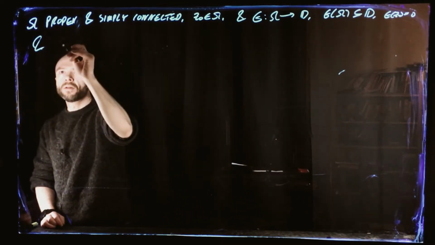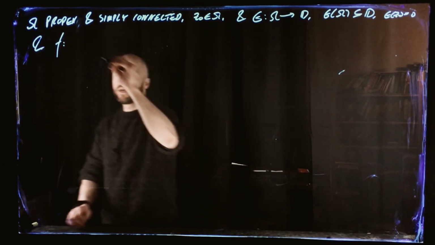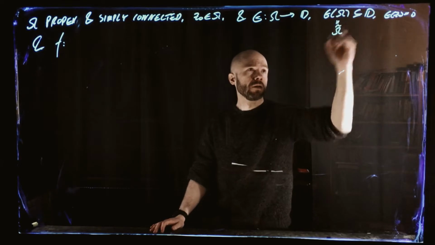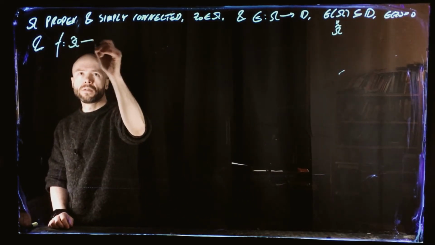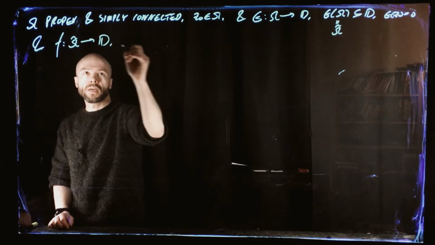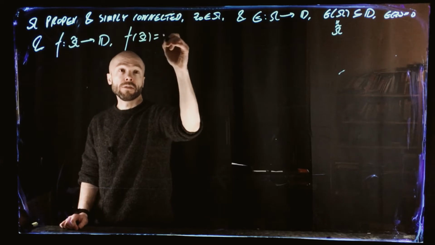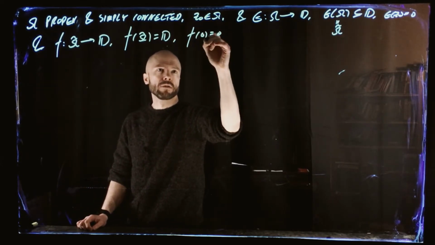And we found the mapping f, which takes, so this thing was defined to be omega tilde, which takes omega tilde into the disk, and f of the entire thing, omega tilde, is the disk, and f of 0 equals 0.